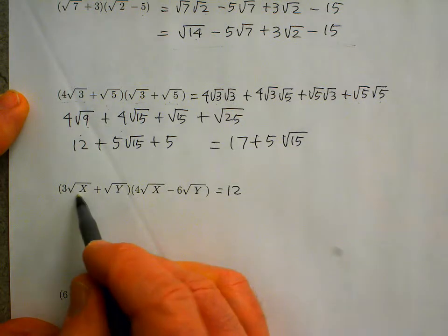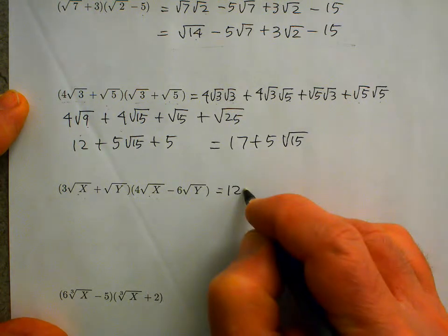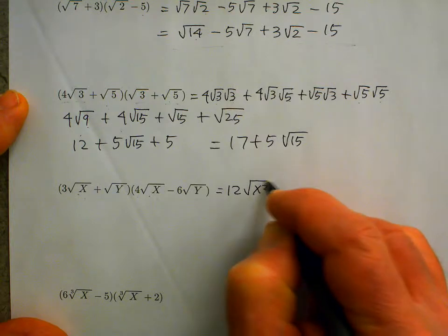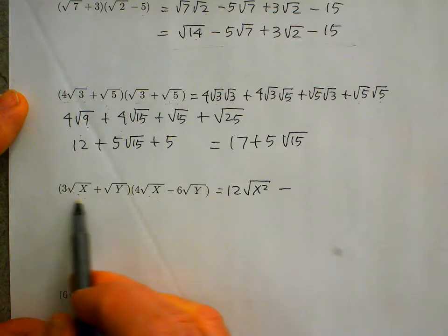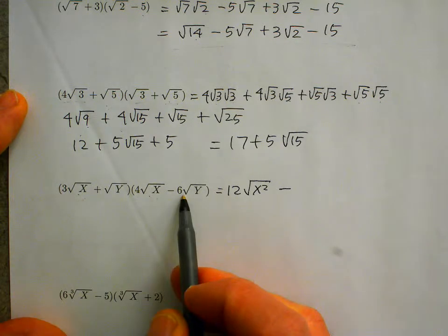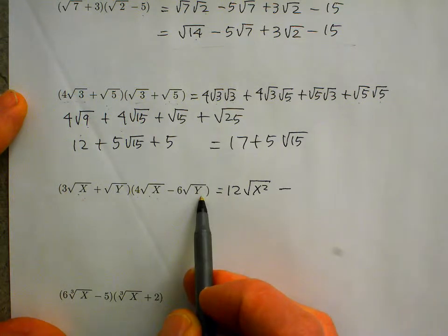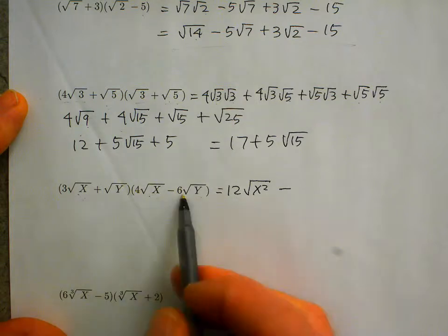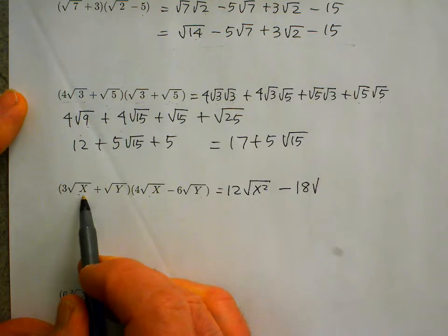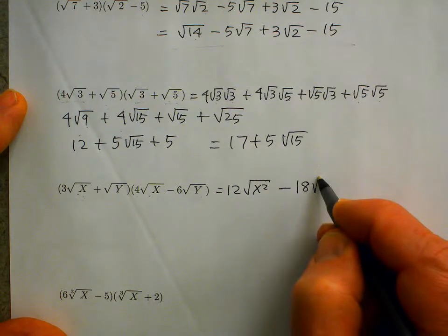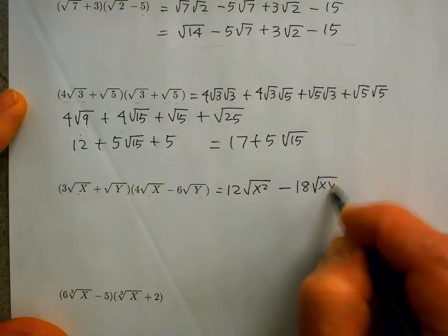And the square root of x times the square root of x is the square root of x squared. And then minus 3 times the square root of x times 6 times the square root of y. So minus 3 times 6 is minus 18 times the square root of x times the square root of y, which can be written as the square root of xy.